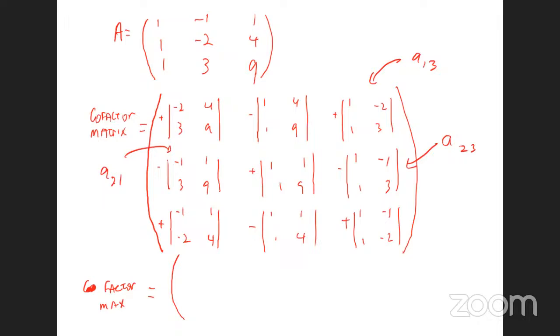Right. So the cofactor matrix, how much did you all get here? Minus 30. What's the next one? Minus 5 or positive 5. All right. What's the next one?